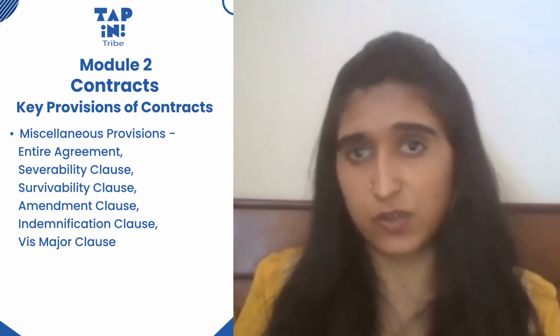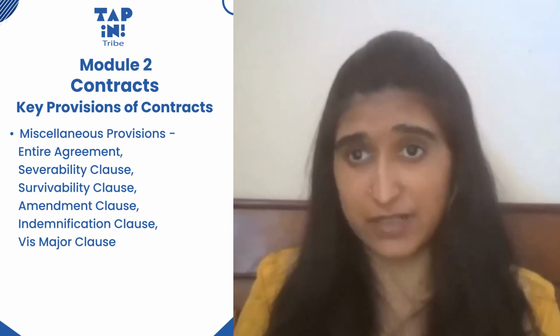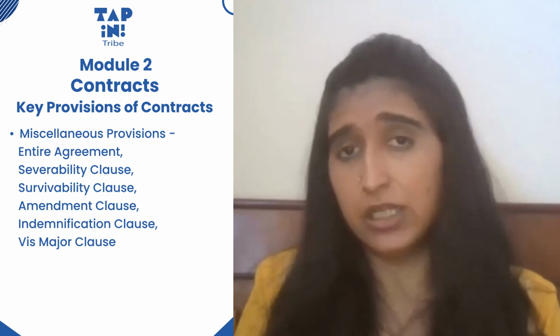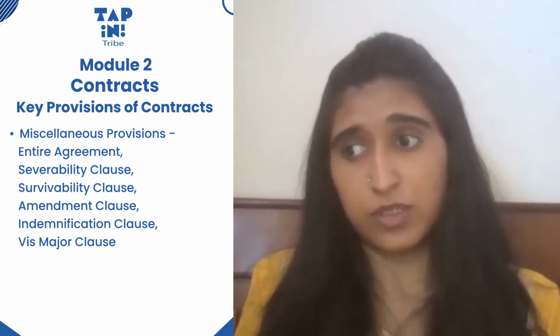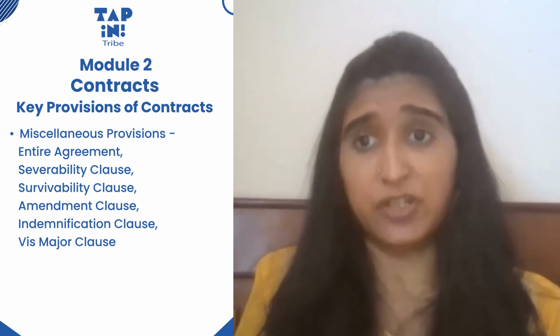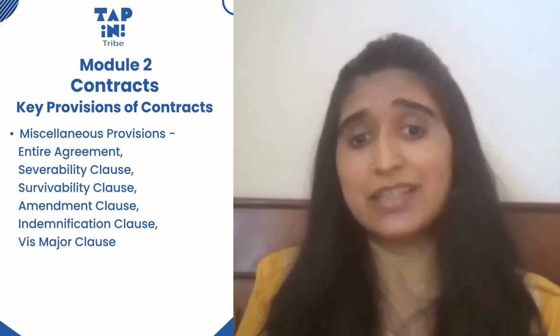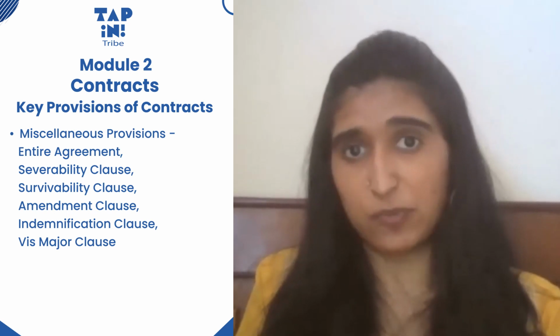But it would be unfair to put the burden on either party in that case, right? So you want to keep a vis major clause that says in case of vis major events, and then specify what those are, at least illustratively, that the obligation may temporarily cease or may resume once it's possible, and that there won't be a liability on the parties involved because that is unfair, right?